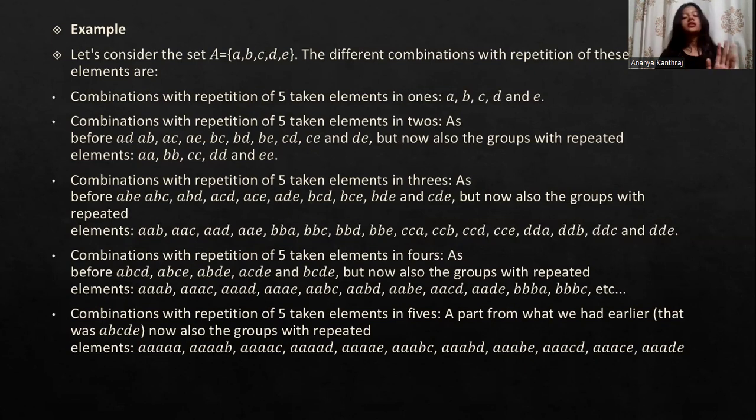And also, the combinations of 5 elements taken in fives could be formed. For example, if you take A, B, C, D, E, it can also be repeated with A again, along with B, C, D, E, and so on.